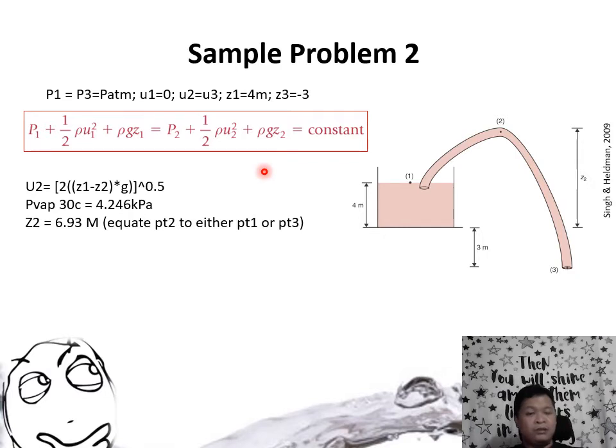Alright, so how do we solve this, no? So ayun nga, meron na tayong P1 equals P3 equals PATM. Okay. We could calculate the velocity at point 2 using this equation, which is also the velocity at point 3.